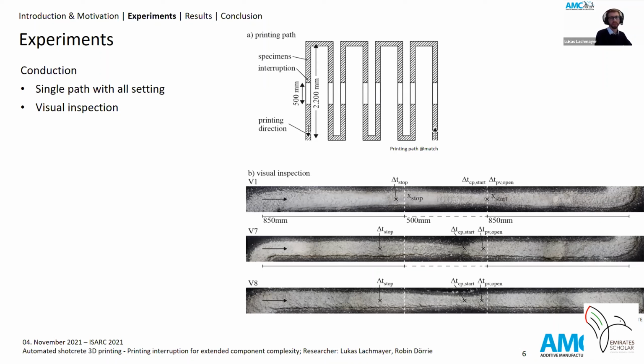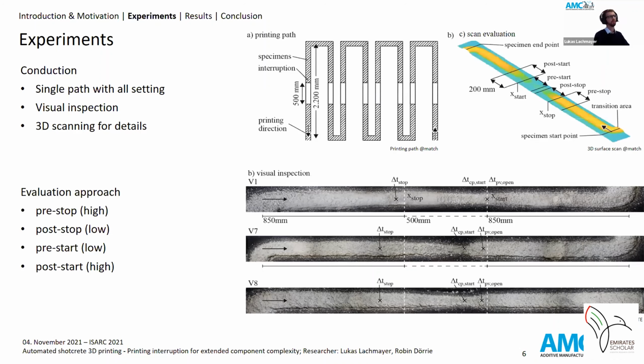However, for a more detailed investigation, we used a 2D laser scanner and performed scanning of the samples. And within those scans, we defined the start point of the specimen, the end point by the transition areas, and then could calculate where X start and X stop, so the desired start and stop points should be. And then we defined 4 areas: post-start, pre-start, post-stop, pre-stop.